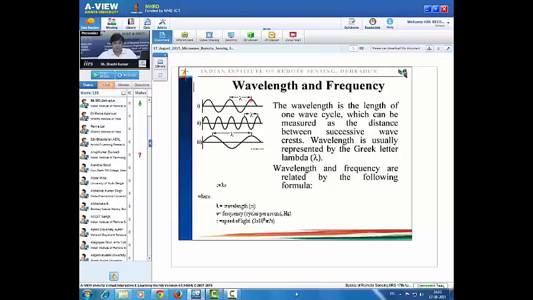So here this lambda is representing the wavelength. And from the relation, it can be easily seen that the longer the wavelength, the smaller the frequency, and the higher the frequency, the smaller the wavelength.